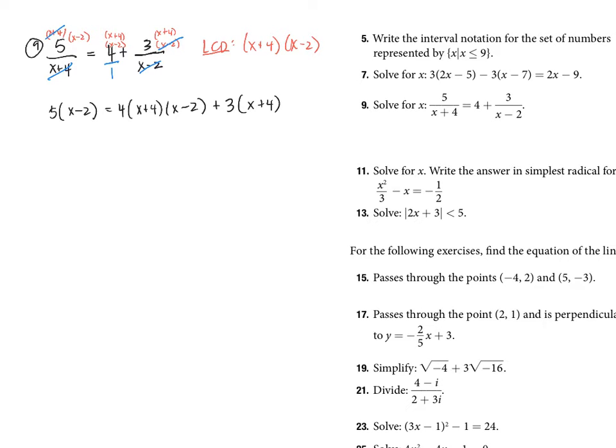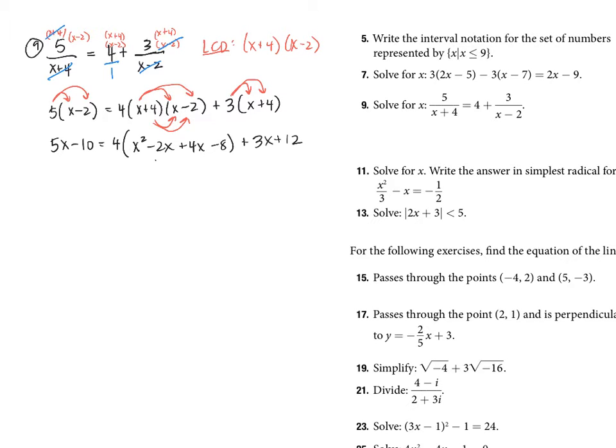So now we want to distribute everything and solve for x. So we're going to distribute there, here, and then remember for this middle one, we're going to have to FOIL it or use repeated distribution. And then we'll have to distribute that 4. So we're going to have 5x minus 10 is equal to 4 times, I'm going to do the FOIL first. You'll have x squared minus 2x plus 4x minus 8 plus 3x plus 12.